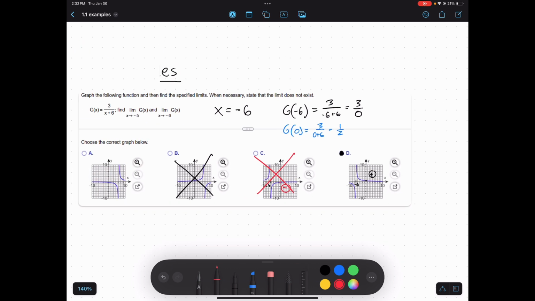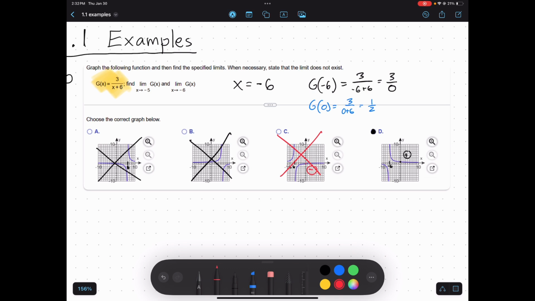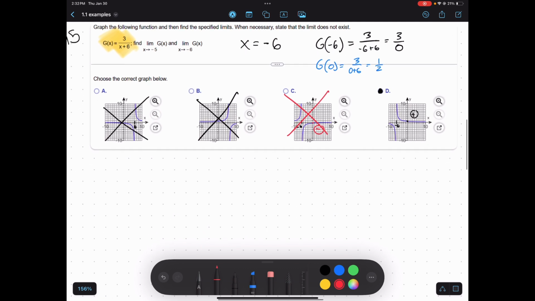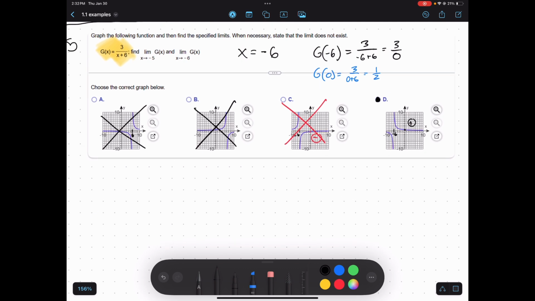Okay. So I've now figured out which graph is the correct graph. And now that I have the graph, that makes these limits a lot easier to calculate. So let's check out these limits. First, it wants me to find the limit as x approaches negative 5 of g of x.